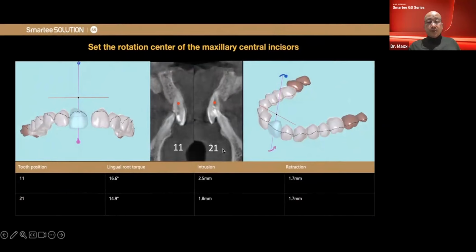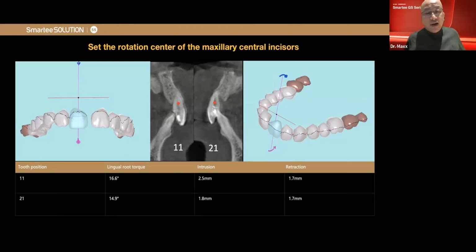But what I did is that first I told the company, I told Smartee, where the rotation center is. You can see the red point is the rotation center. Why did I put the rotation center here?